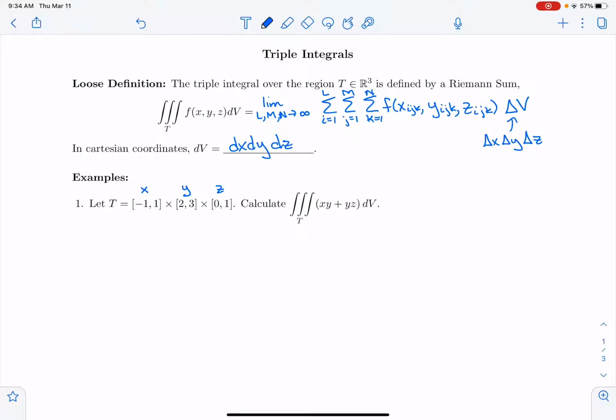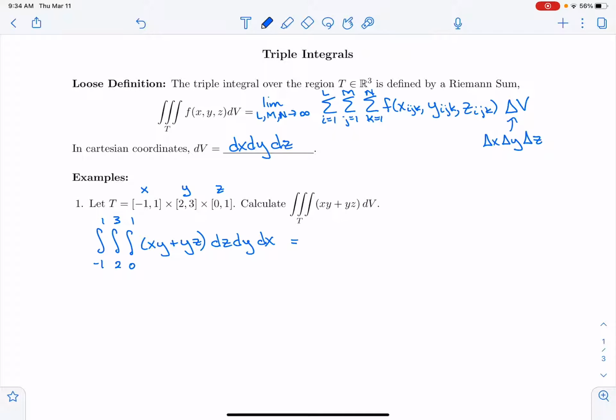And so we're going to do an integral from, let's say, -1 to 1 in x, and then from 2 to 3 in y, and then from 0 to 1 in z. And we want to integrate xy plus yz. And we're going to do that dz, dy, dx.